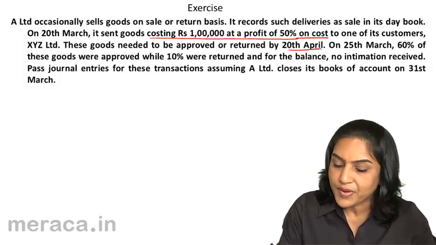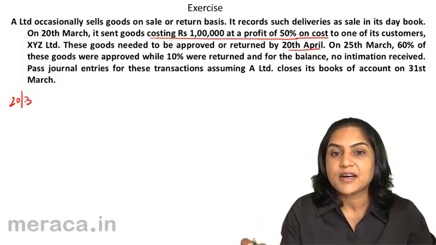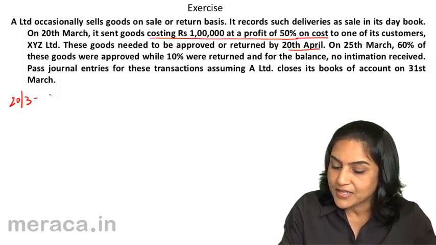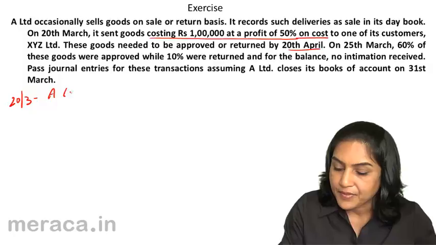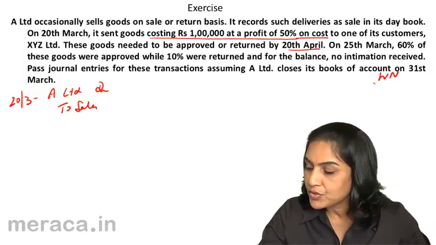First entry on 20th March when goods are sent on approval. We will record it as an ordinary sale transaction. Therefore, the debtor, A Limited, debit to sales. What would be the value? Let me put some working notes here.